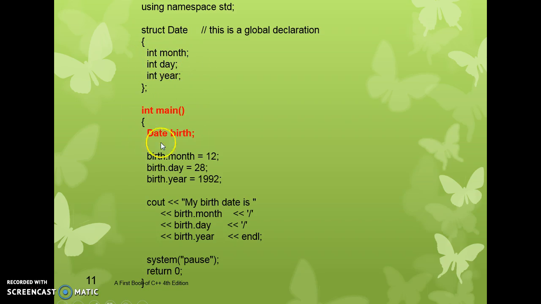Then you have the main function, where you populate or initialize all the values. For example, you have date birth, meaning that birth uses the structure date, which refers to the global declaration. Then birth.month is equal to 12, birth.day is equal to 28, and birth.year is equal to 1992.